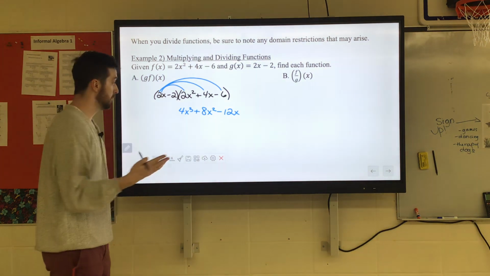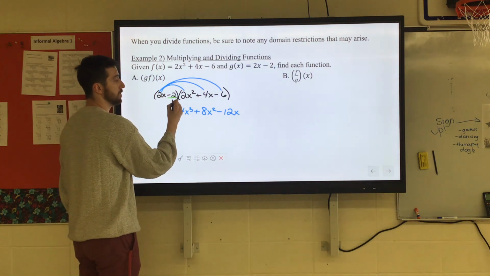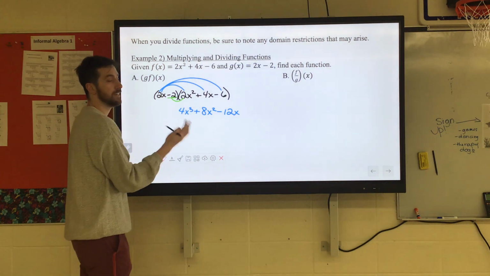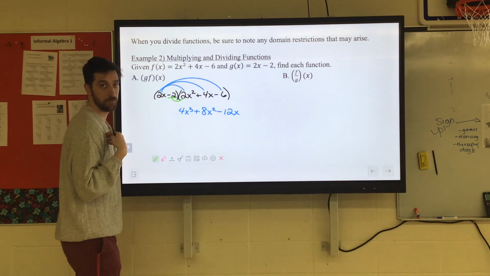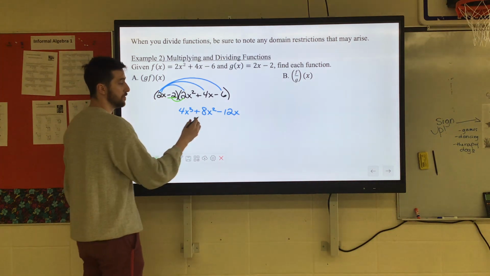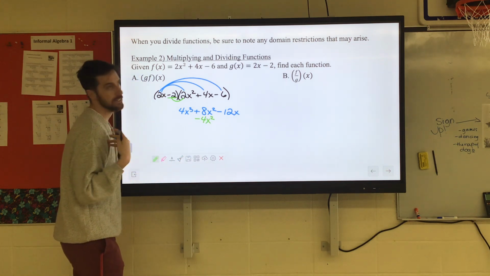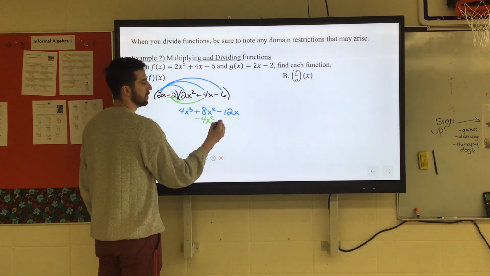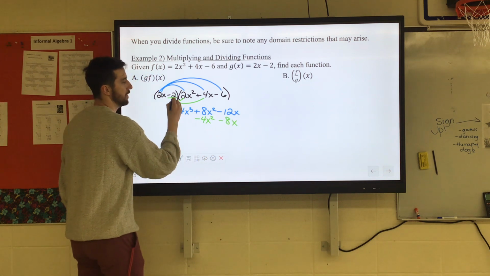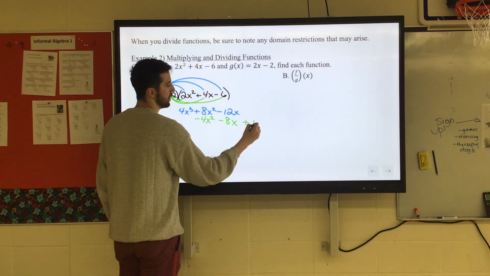Great. Now we're going to distribute the negative 2 to all of these. Negative 2 times 2x squared is negative 4x squared. I put it under my other x squareds, and that just makes the last step easier for me. Negative 2 times 4x is negative 8x. Negative 2 times negative 6 is positive 12.